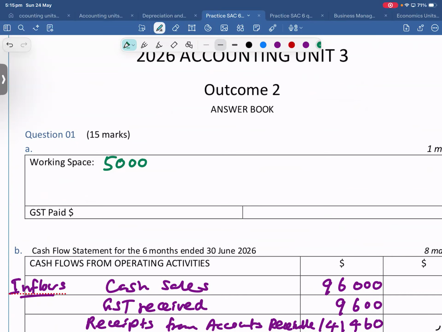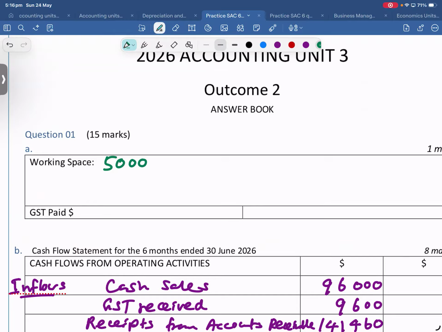5,000. So I'm not going to do GST separately, JD. Like you, I'm not going to do it separately. As I come across the items, then and there I finish. Why? Because if you are going to do GST separately, means you are reading the question again. So you are wasting your time. Don't waste your time.